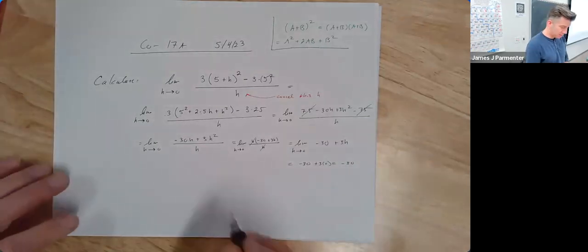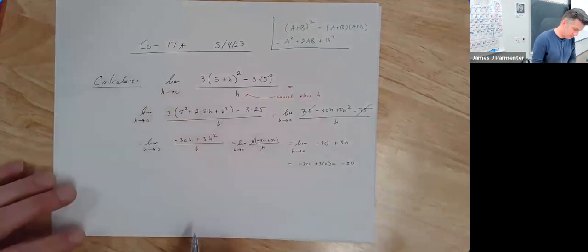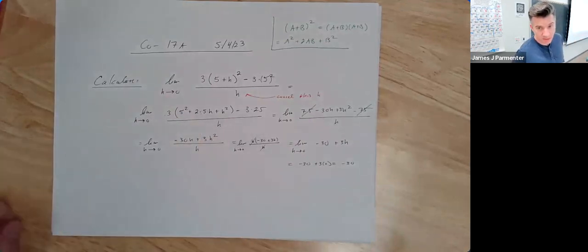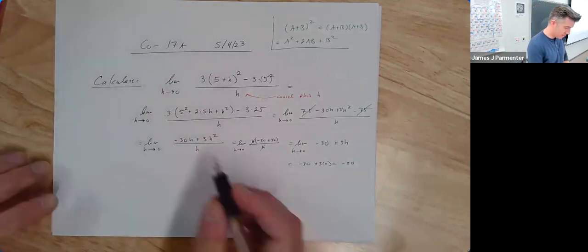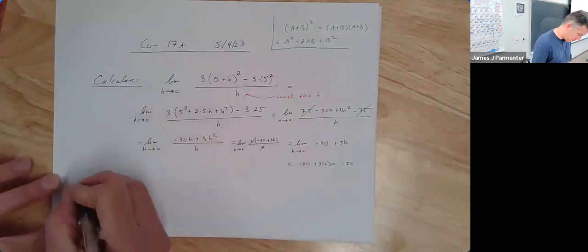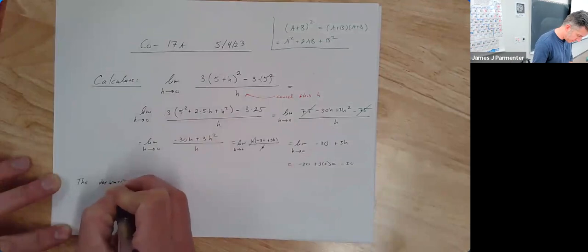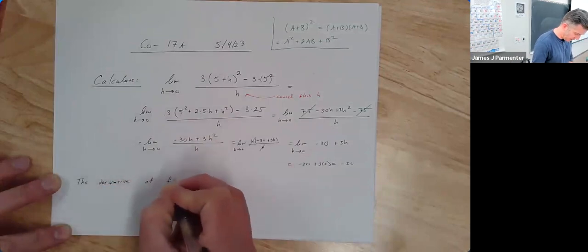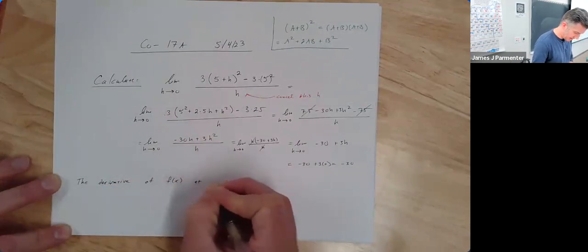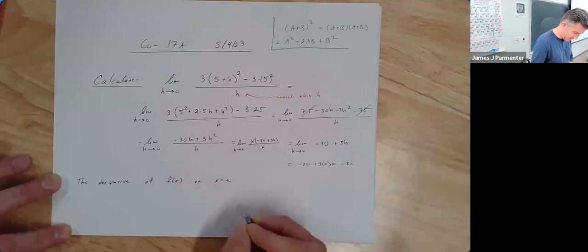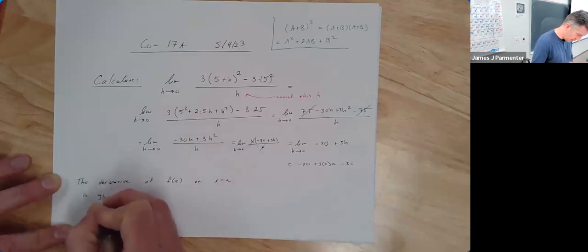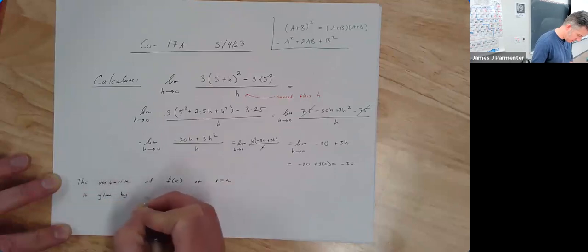Okay, so here is some context. This limit that we just calculated was actually the limit definition of the derivative of a function at a point. So what we did, in fact, let me just point out the derivative of f of x at x equal to a is given by f prime of a is often how we write it.